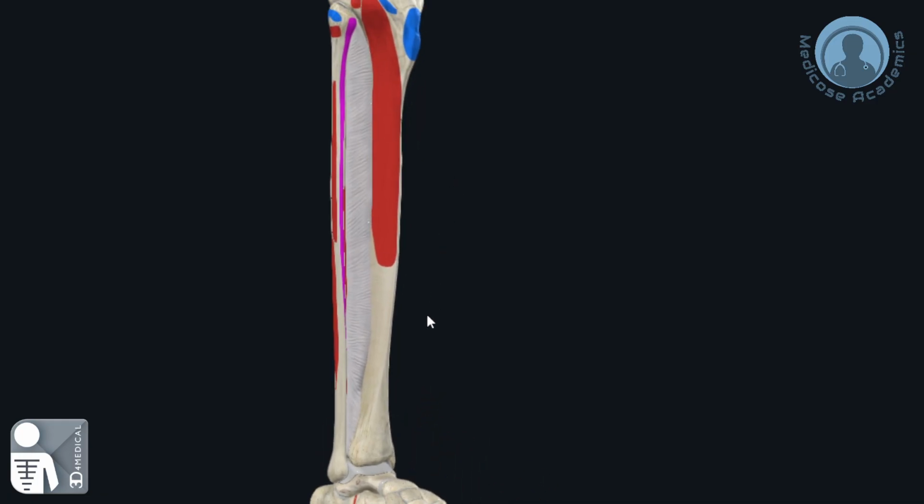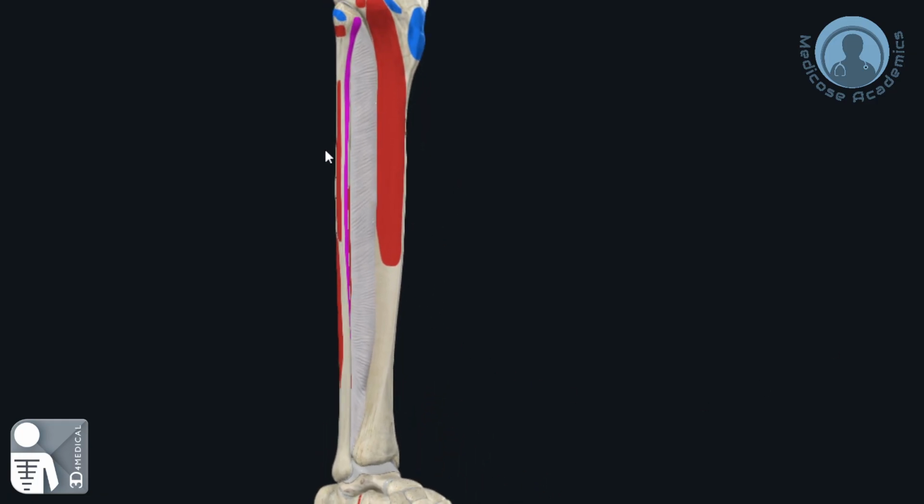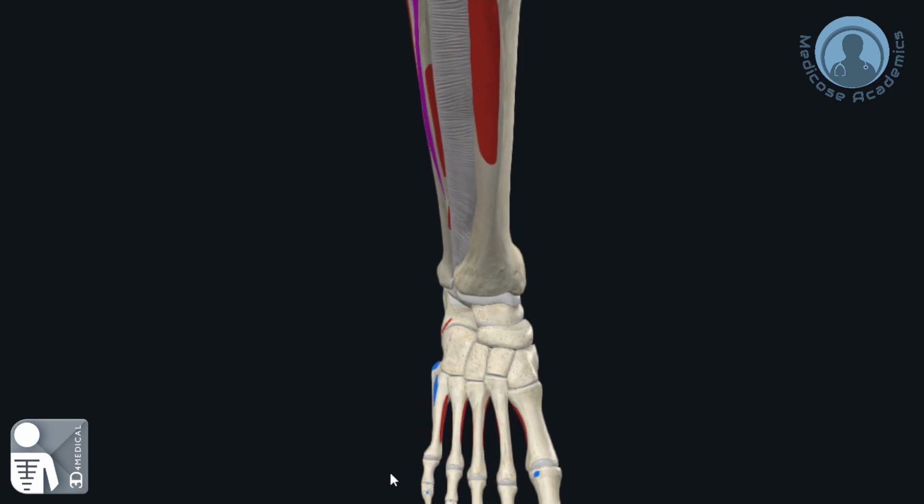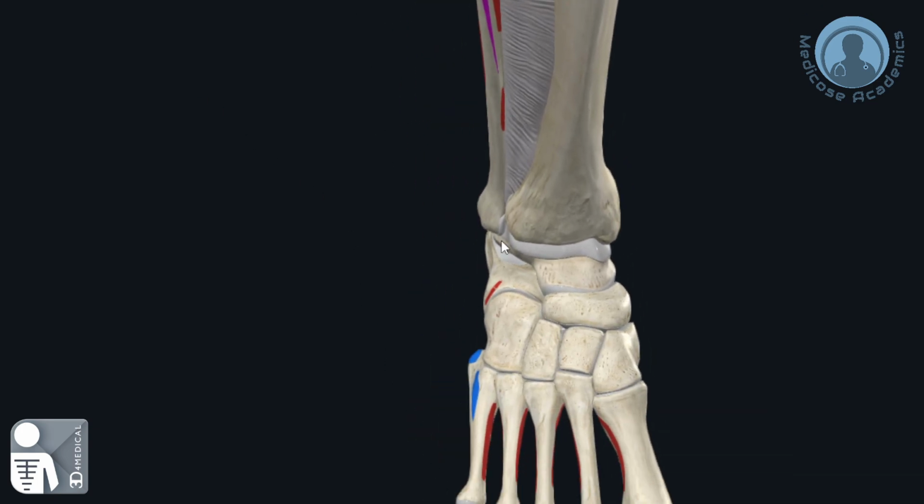So that was about the extensor digitorum muscle. We talked about its origin. It started from the lateral condyle of the tibia, head of the fibula, upper three-fourths of the shaft of the fibula, and then it got inserted into the middle and distal phalanges, as we saw right here.